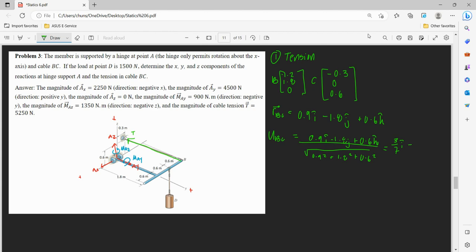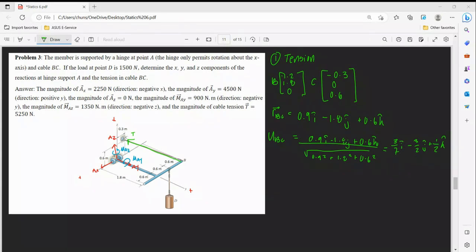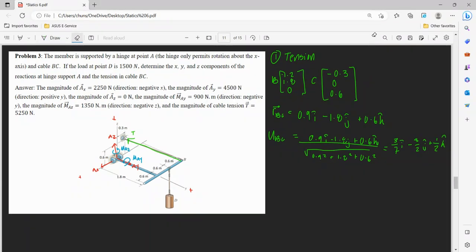This is minus 1.8 divided by 2.1, sorry, this is 2.1 at the bottom. 1.8 divided by 2.1 is 6 over 7.